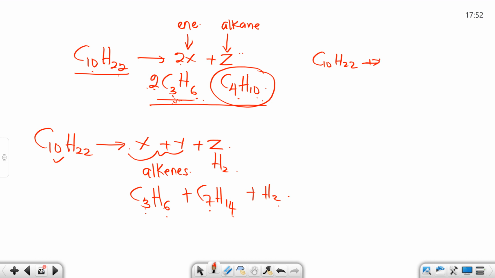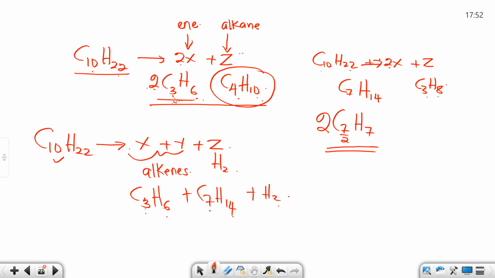We said 2 what? X. Let's see something here. 2X plus Z. If somebody writes C3H8, will this work? You are left with what? 7. But this is wrong. Why 7 over 2? Because we are left with C7H what? What is 22 minus that? 14. Yes, it's an alkene. There's a 2 here. By the time I put a 2 here, I'll have to say what? And this doesn't exist.